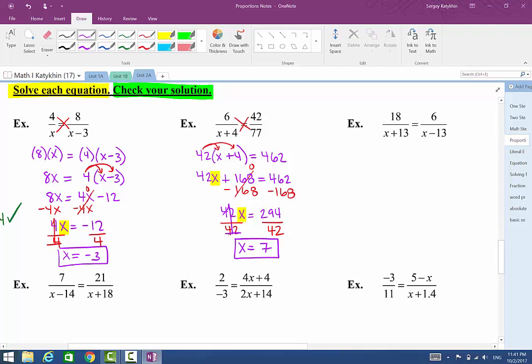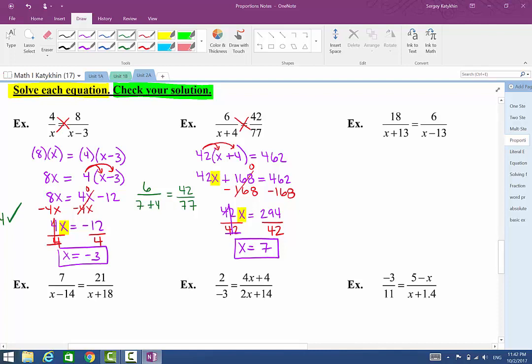So let's see if we can actually check our solution or see if we get the correct answer. We get 6 divided by, remember x is 7, so using substitution we get 7 plus 4 is equal to 42 divided by 77.